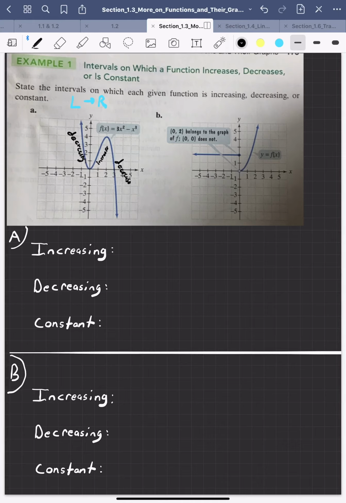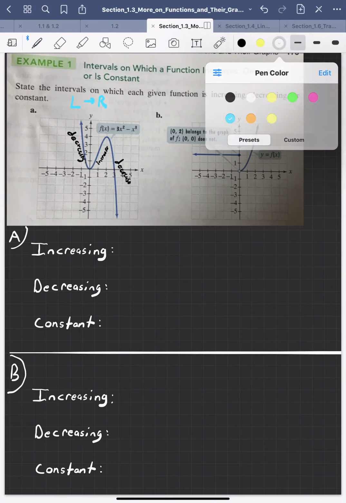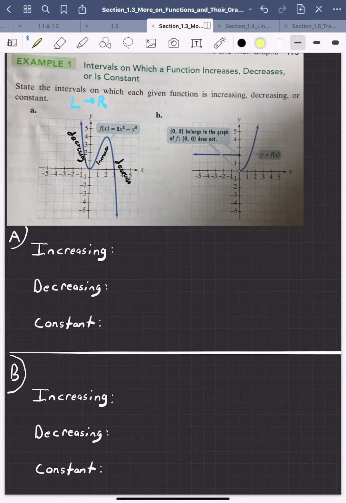So it's our job right now to capture those intervals. Let's start with decreasing. We're coming from negative infinity and we're proceeding all the way till we get to this point right here. So let me go ahead and write that. From negative infinity all the way until we get to, do you agree with me, when x is 0, that's when we start to turn. So negative infinity all the way to 0.